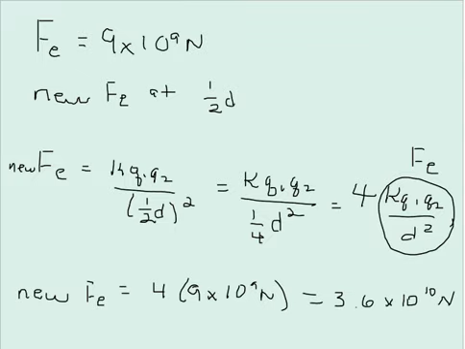So a lot of times you can use that same type of relationship information that we did with Newton's universal law of gravitation to figure out how things are going to change when either the charge factor or a distance factor comes in.